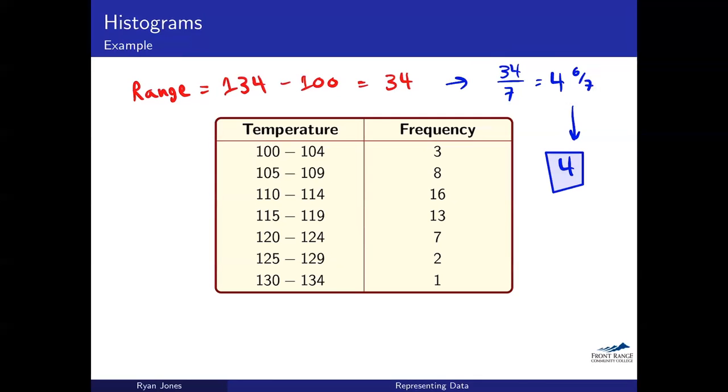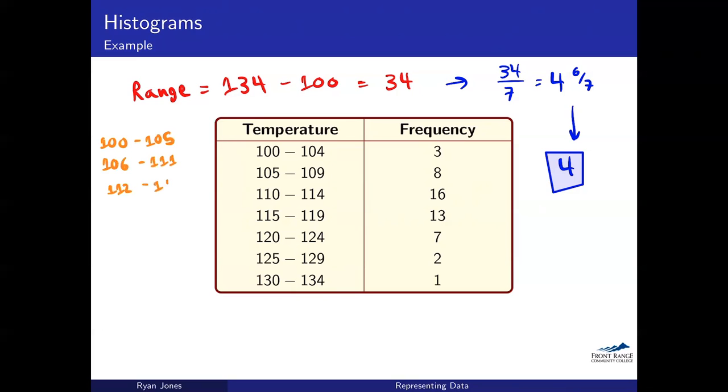The last thing I'll mention is that you could actually do different interval ranges and still end up with 7 intervals. I'm not 100% sure if this will work, but we'll try it. 100 to 105. Let's do a range of 5 here. And I'm just going to keep counting up.